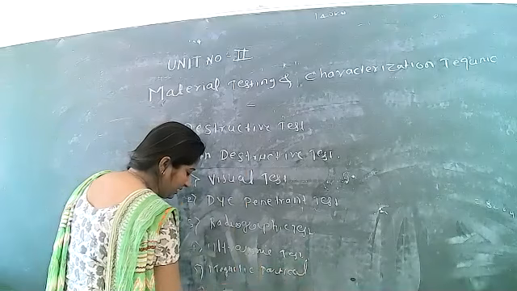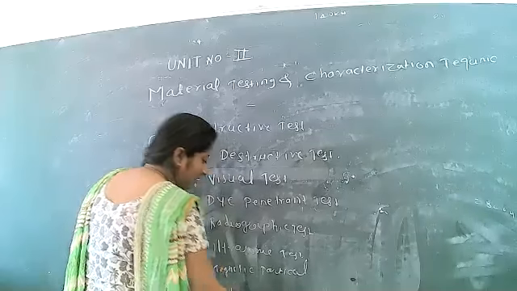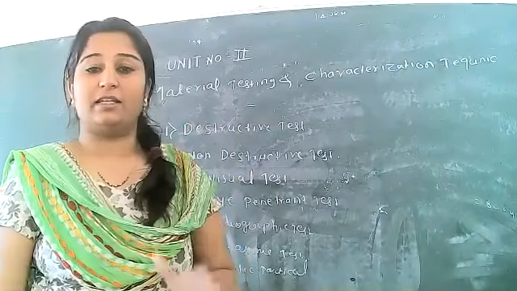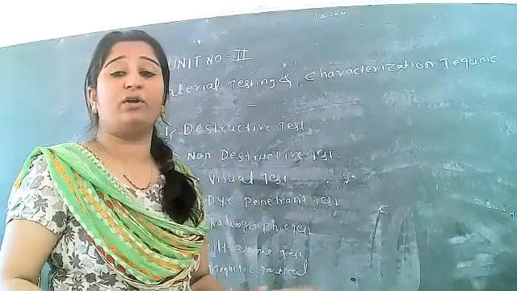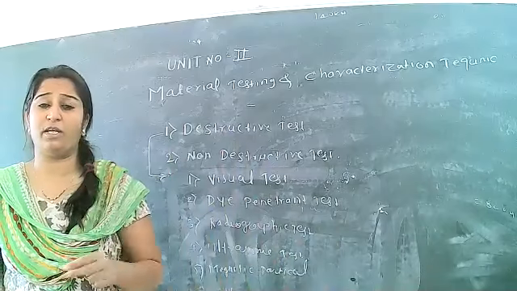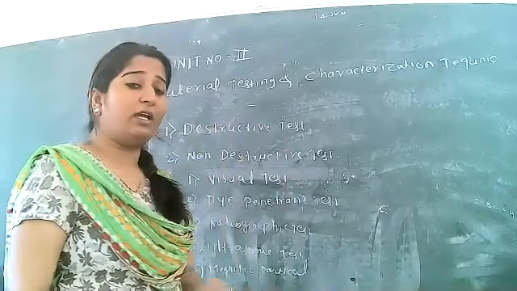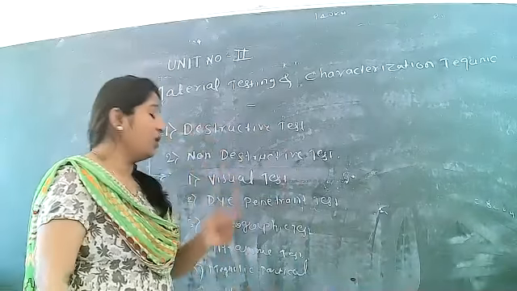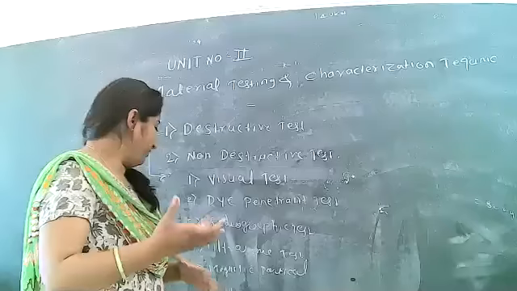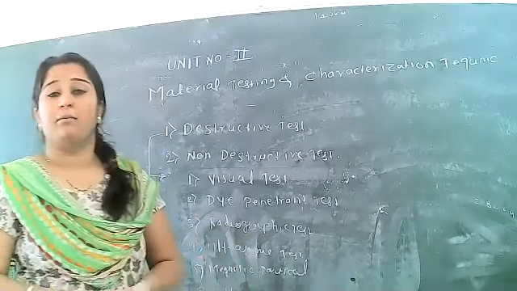And sixth one is the eddy current test. These are the six types of non-destructive tests. In all these tests, we are not going to break or bend that material to find out any property or whether the material can be used for further production or not. We only test with the help of our naked eyes, with the help of a chemical, and with the help of rays or magnetic particles.